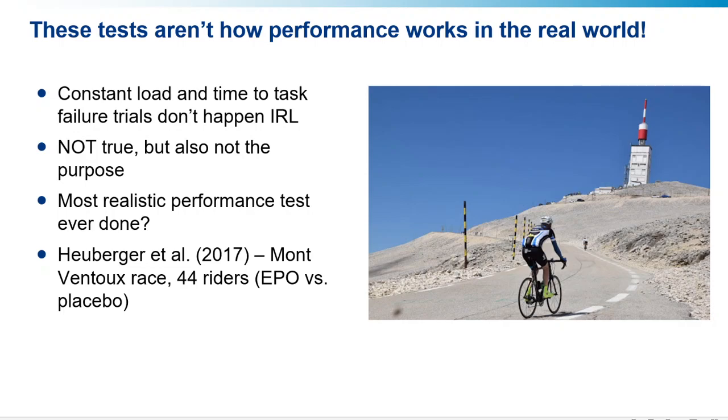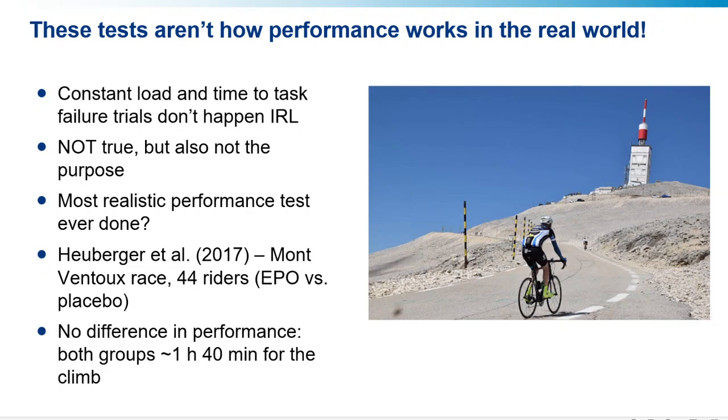So they had a randomized double-blind placebo-controlled trial with half of their participants on EPO, the other half on placebo, and they kept taking that for 3 months, and at the end of the 3 months they did a race up Mont Ventoux. They had 110 kilometers of cycling in the valleys to simulate the first half of that stage, or what would be the stage in the Tour de France, and then they got the participants to collectively race up Mont Ventoux.